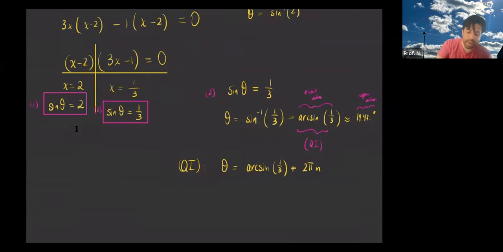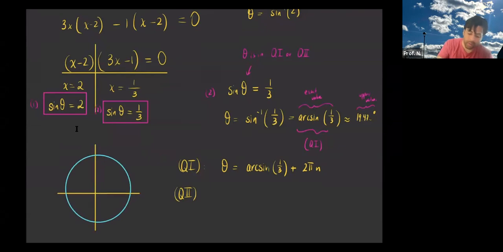And now, where else is sine positive? You have to always remember that. So theta is in quadrant 1 or in quadrant 2. How do I get quadrant 2? Drawing this might help again.